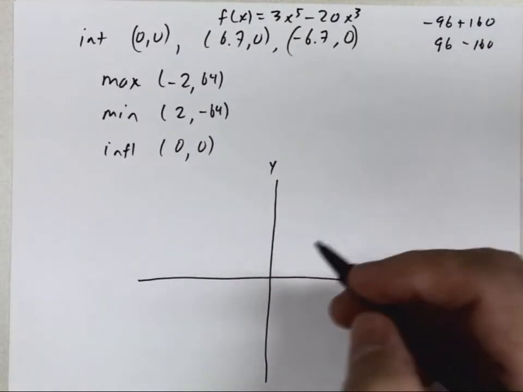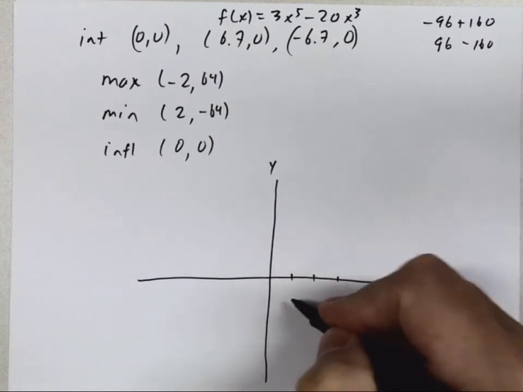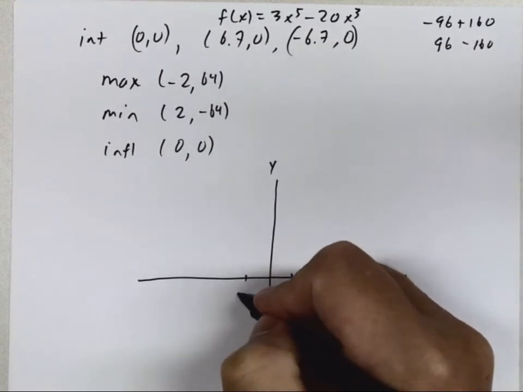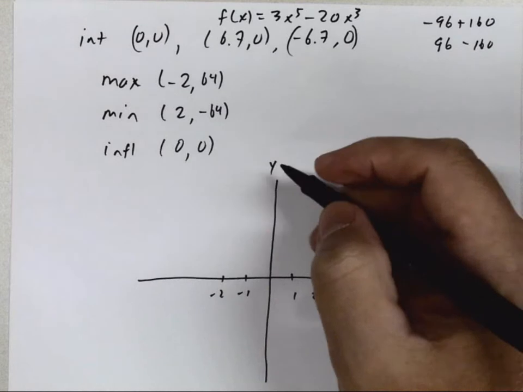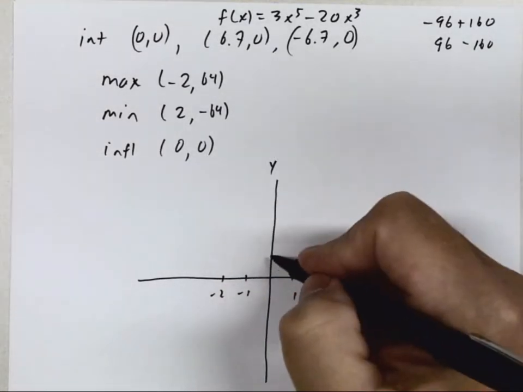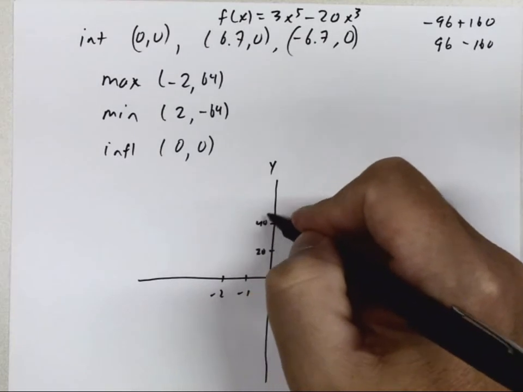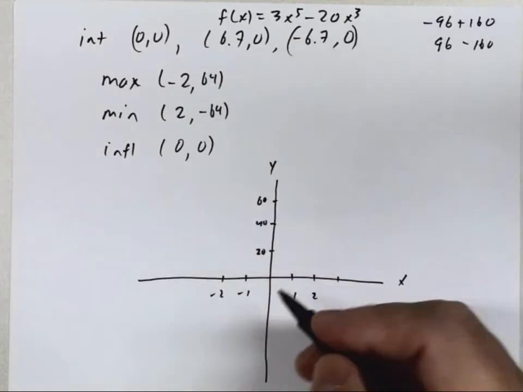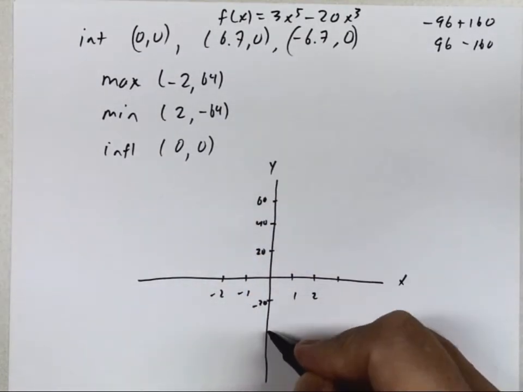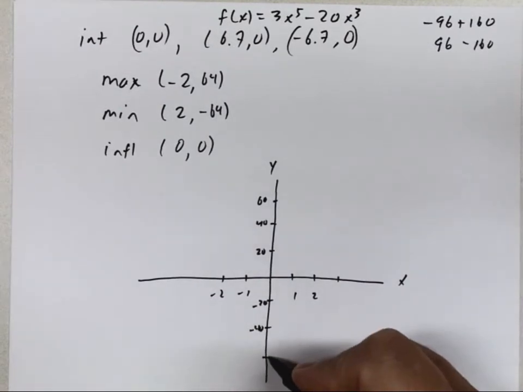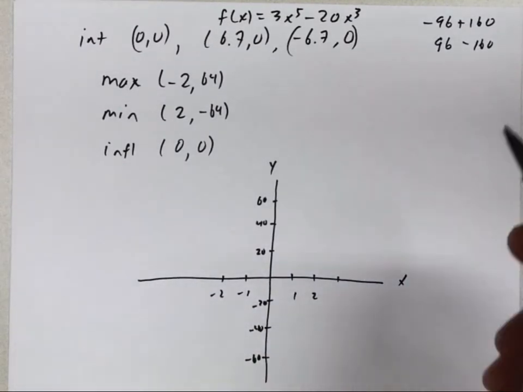So really, if I say 64, how about I go 20, 40, 60, negative 20, negative 40, negative 60.